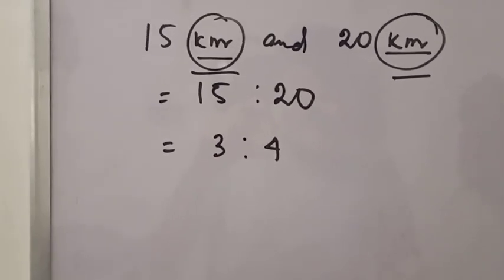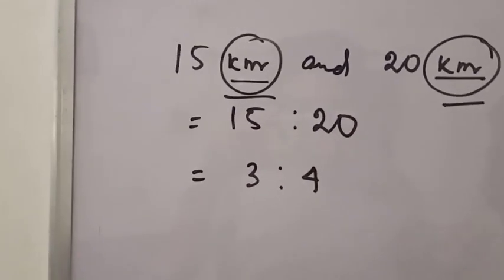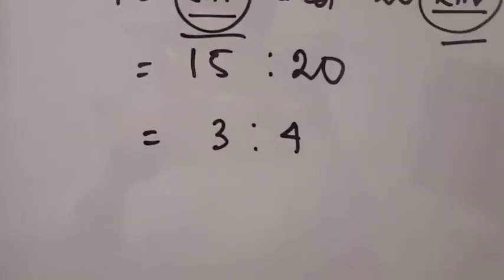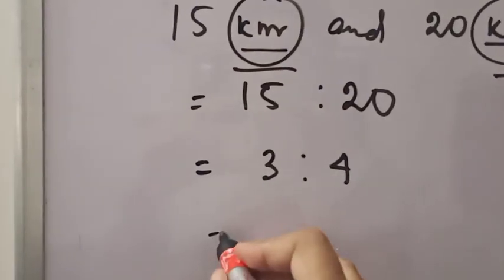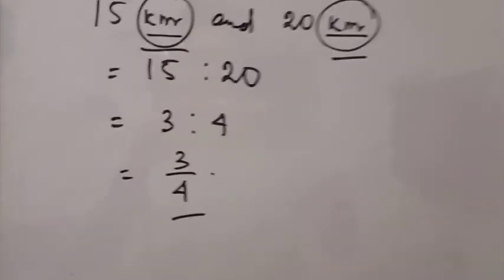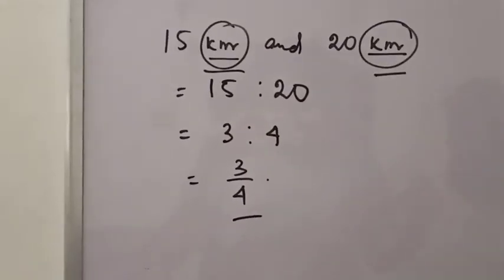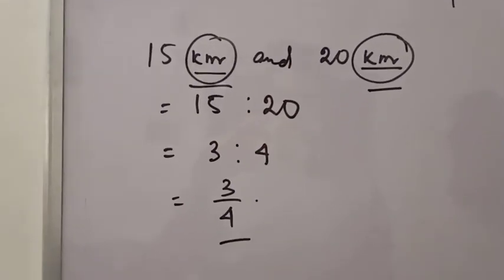So, ratio can also be thought of as a fraction. Why? Because if 3 is to 4, that means you can write 3 by 4.